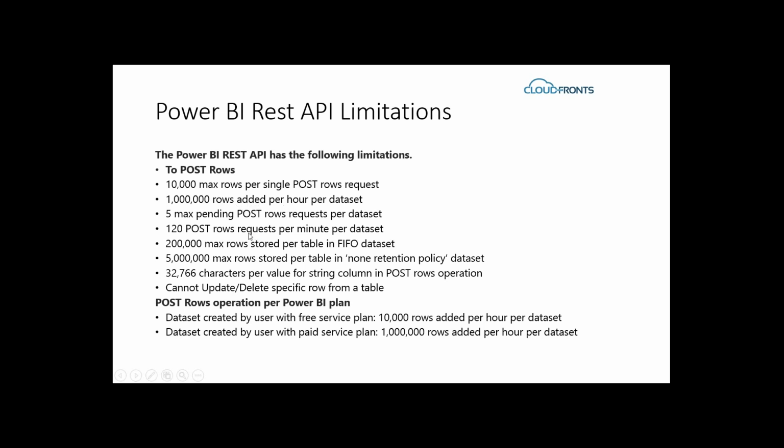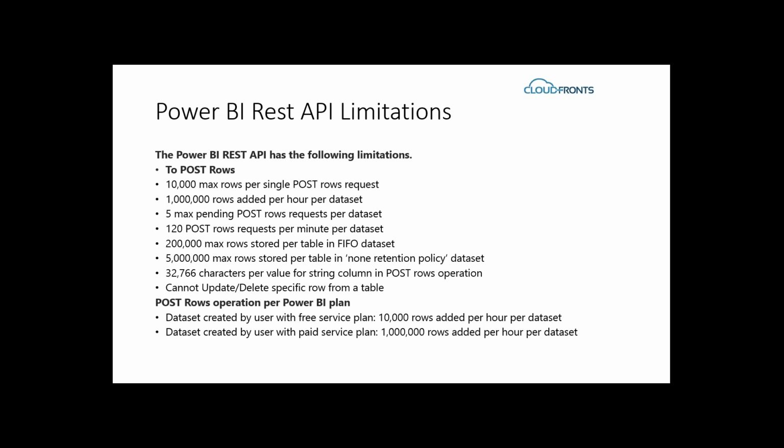We can have 5 max pending post rows requests, and we have a maximum limit of 120 posts per minute per data set. And we also have 200,000 max rows stored per table in FIFO dataset, and we have 5 million max rows stored per table in non-retention policy. So if you specify the retention policy as none, then you have 5 million rows stored per table.